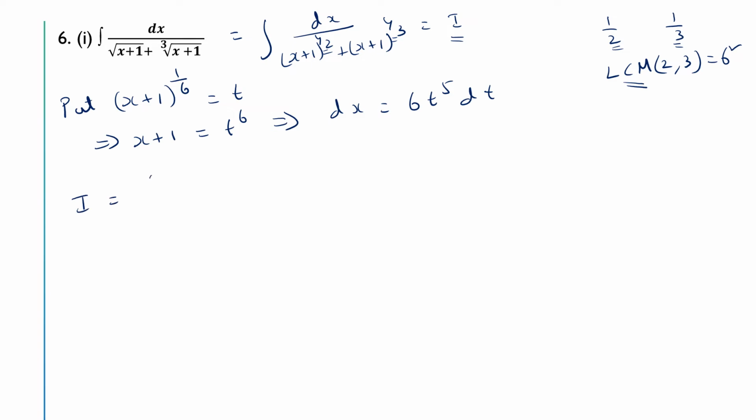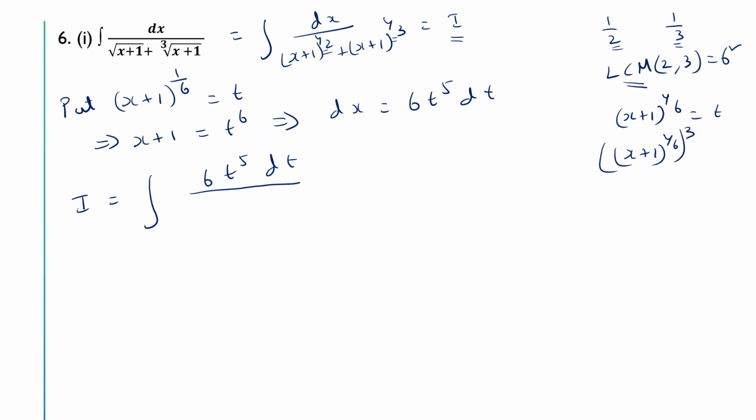I is equal to integral dx is 6 t raised to 5 dt divided by, now x plus 1 the whole raised to 1 by 6 is t. So x plus 1 the whole raised to 1 by 6, the whole cube will be t cube, or x plus 1 the whole raised to half will be t cube.